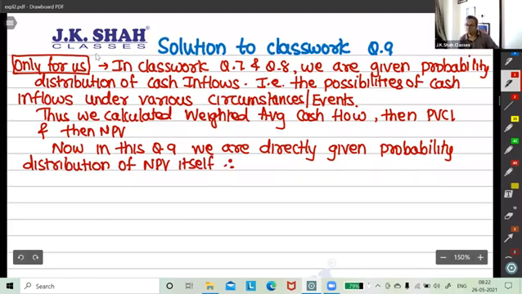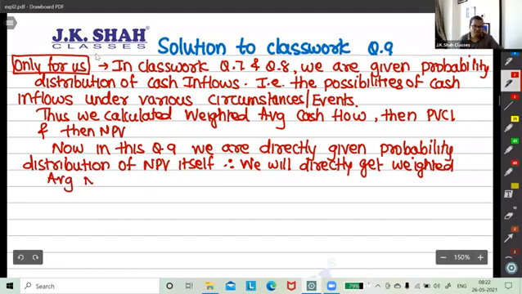Therefore, we will directly get the weighted average NPV.